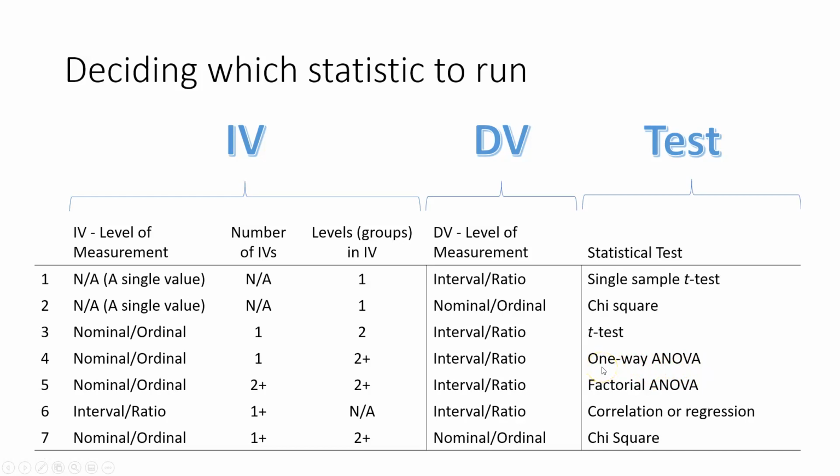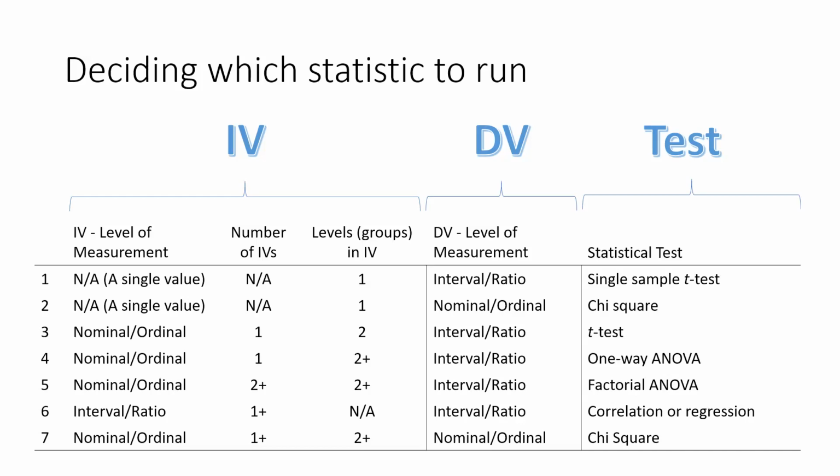Some examples of this might be, are there differences in the speeds that people drive depending on the type of car that they're driving? That might be one example. Another example might be, are there differences in how much people weigh based on what kind of lifestyle they live?